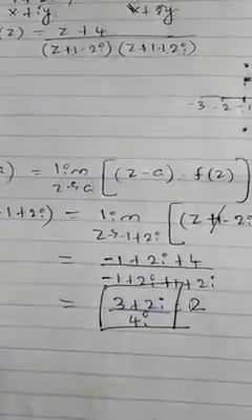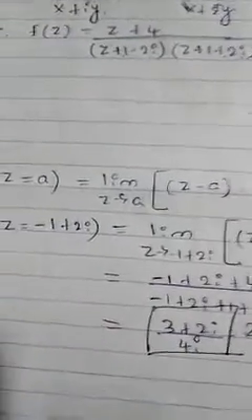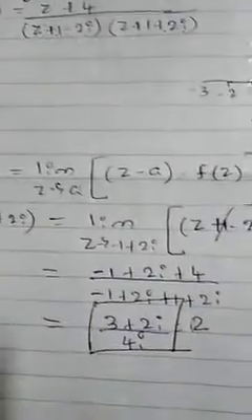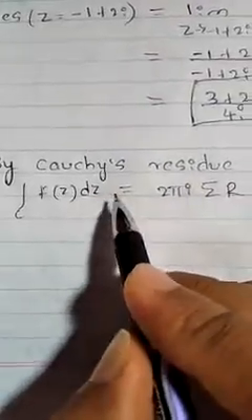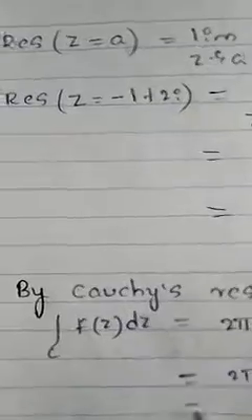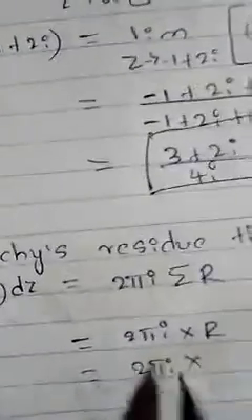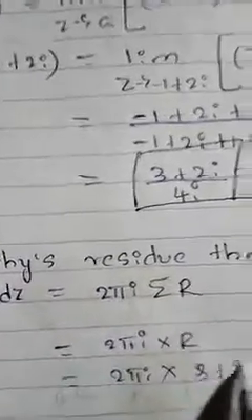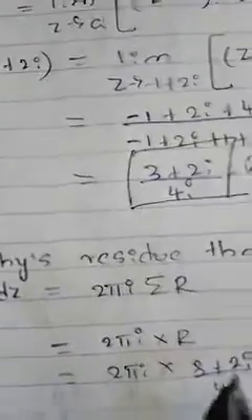Then substitute this R in Cauchy's residue theorem and we get the answer. By Cauchy's residue theorem, we know that the integration of f of z dz is equal to 2 pi i times the summation of r. Here only one r is there. Therefore, 2 pi i into r, that is 2 pi i into (3 plus 2i) divided by 4i.